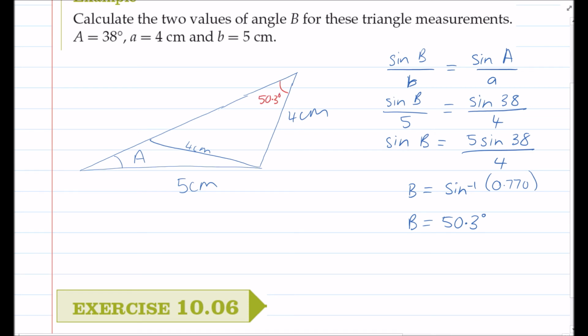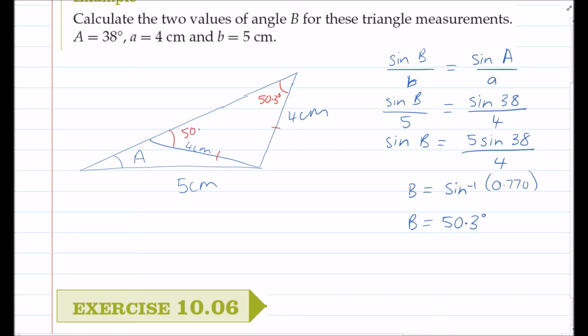Okay, now just looking at our diagram, it's pretty easy to guess that this is the angle that's going to be 50.3 degrees, because that's the one that is, sorry, that's the one that's acute, not obtuse. So that's the one that's going to be up there. To work out our other one, we just need to do a little bit of geometric reasoning.